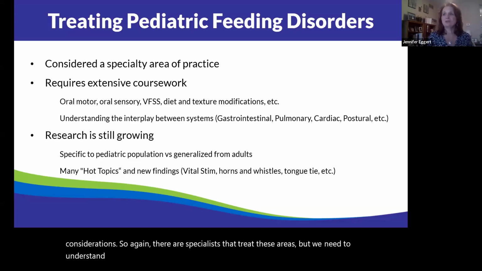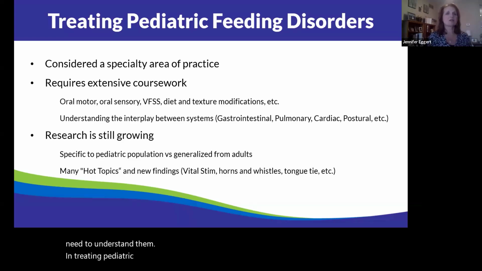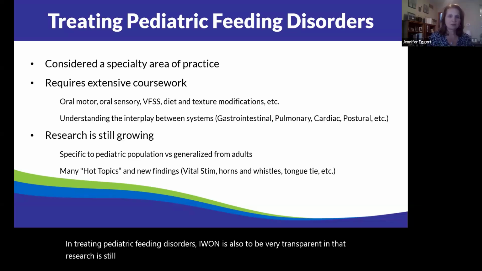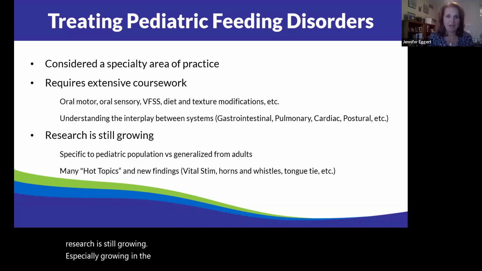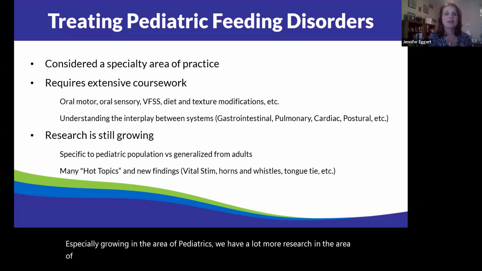In treating pediatric feeding disorders, I want us also to be very transparent in that research is still growing. It's especially growing in the area of pediatrics. We have a lot more research in the area of adult dysphagia that has been generalized over the years to the pediatric population. And that, of course, isn't always best practice.